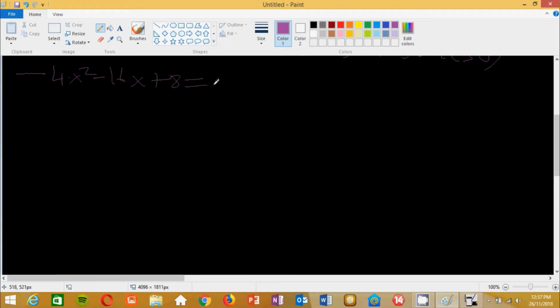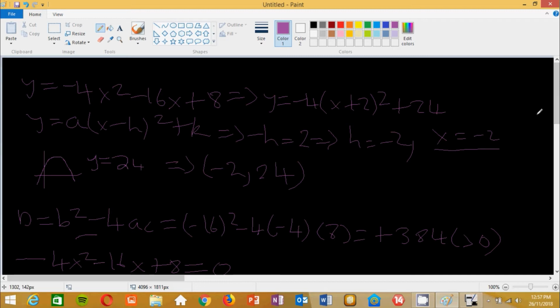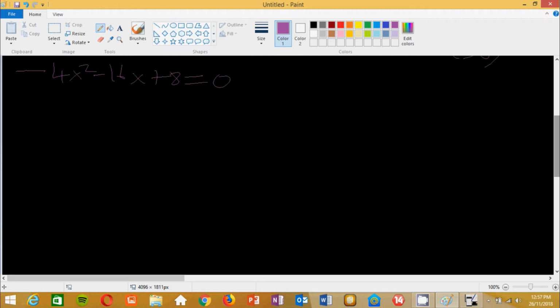Now solving this quadratic equation is quite simple. You can't factorize this, so you can use the formula, or you can use the completed square version to solve the equation. I'm not going to go through this in this video because you know how to do that.